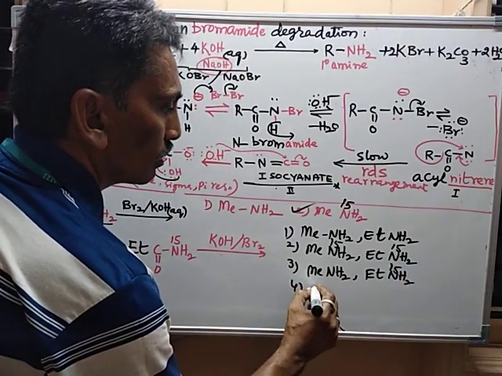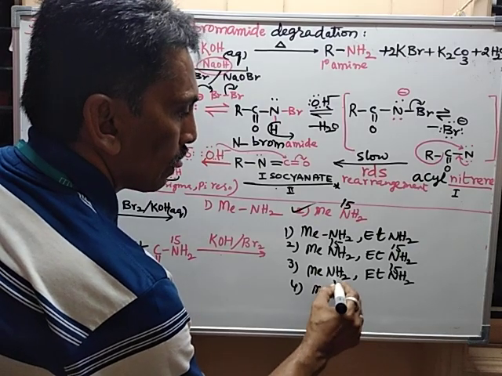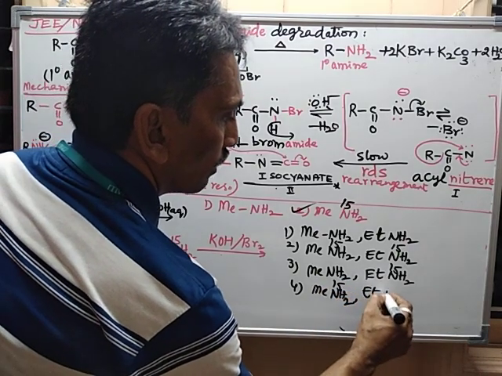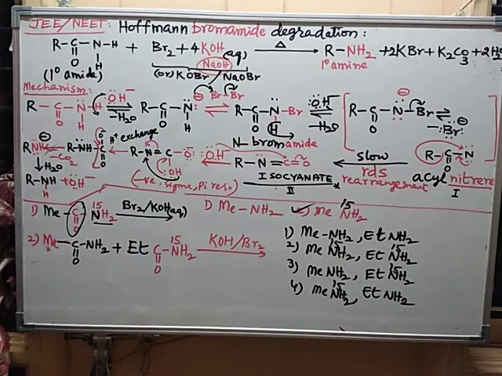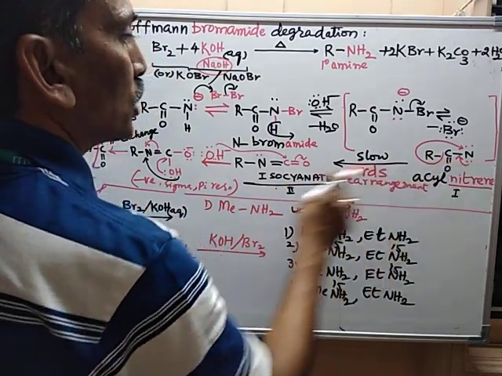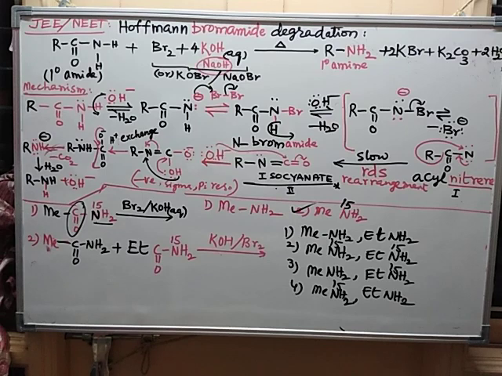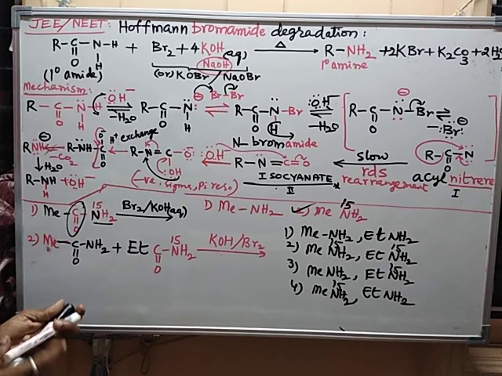Fourth option, methylamine 15 and ethylamine normal. I am saying common names of these compounds. Yes, here it is intramolecular. The migration is intramolecular, very important. This is intramolecular for your better understanding.